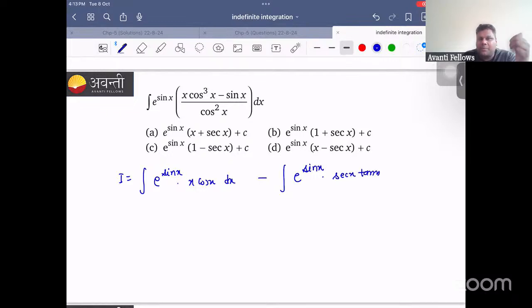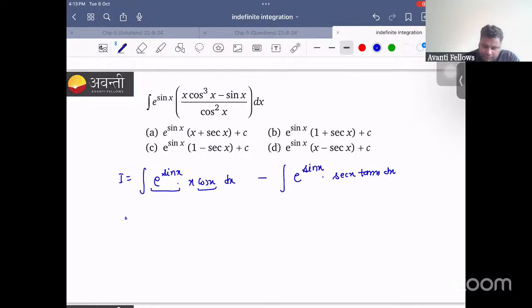I split it into two integrations. The sin x upon cos square x can be written as sec x tan x. Now we have two different integrands. So first of all, what I'm doing, I consider e to the power sin x into cos x as second function and x as first function.